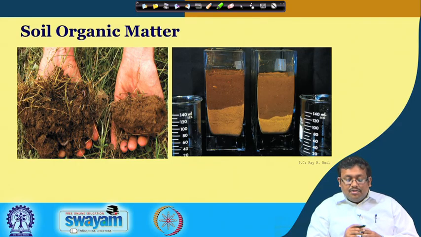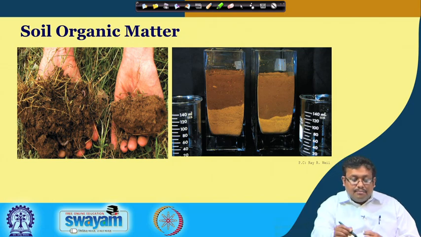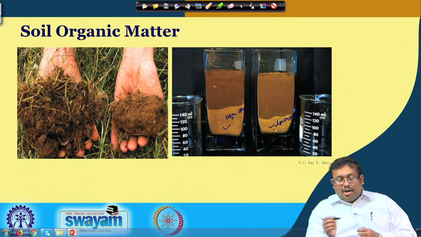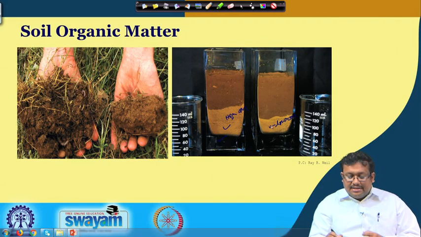For example, in the rightmost picture, as you can see, this container and this container hold two different soils with varying amounts of organic matter. This container has high organic matter and this container has low organic matter soil, and as you can see, due to the change in soil organic matter content, the water holding capacity changes.